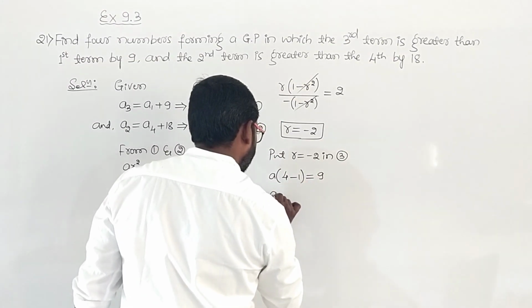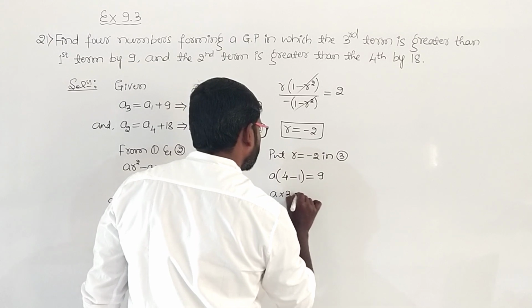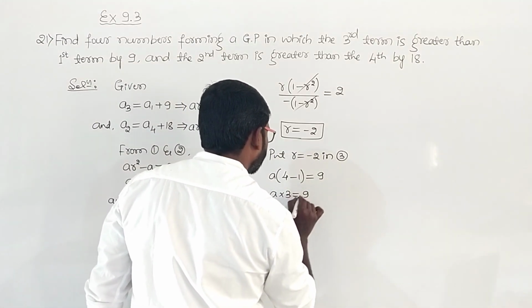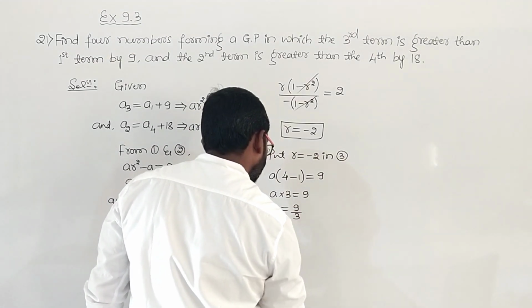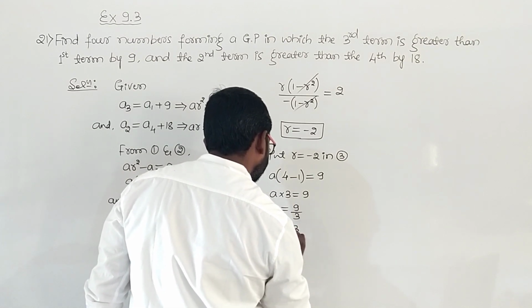Then A into 3 equals 9. Then 3 taken to the RHS goes to the denominator. A equals 9 by 3. So A equals 3, 3 ones are 3, 3 threes are 9.